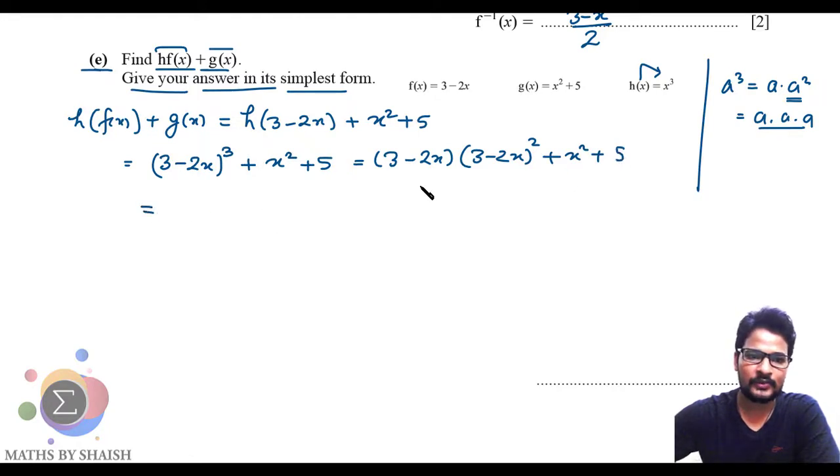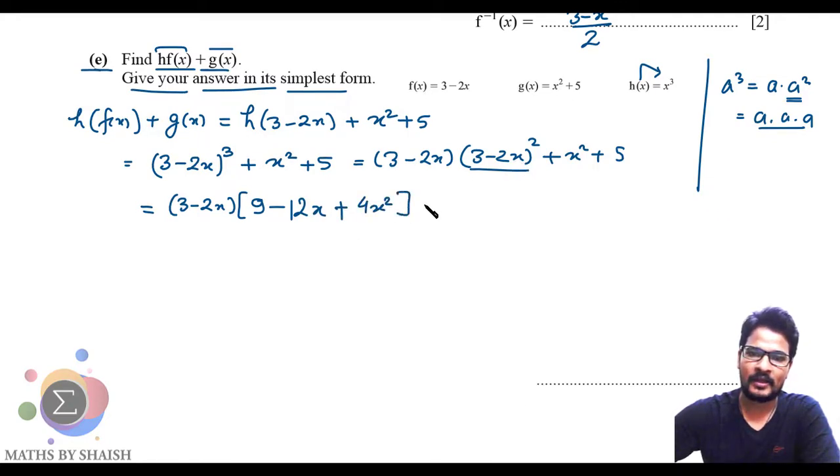So here we got 3 minus 2x as it is in one bracket, and then we'll use the identity a minus b whole square, because it's a binomial square. 3 square is 9, minus 2ab, so 2 into 3 is 6, 2's are 12, so minus 12x, and plus square of b, that is 4x square, and plus x square plus 5.